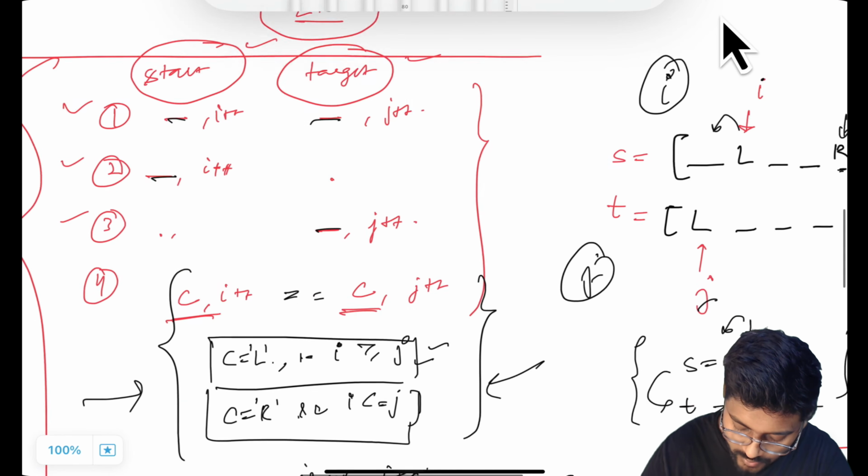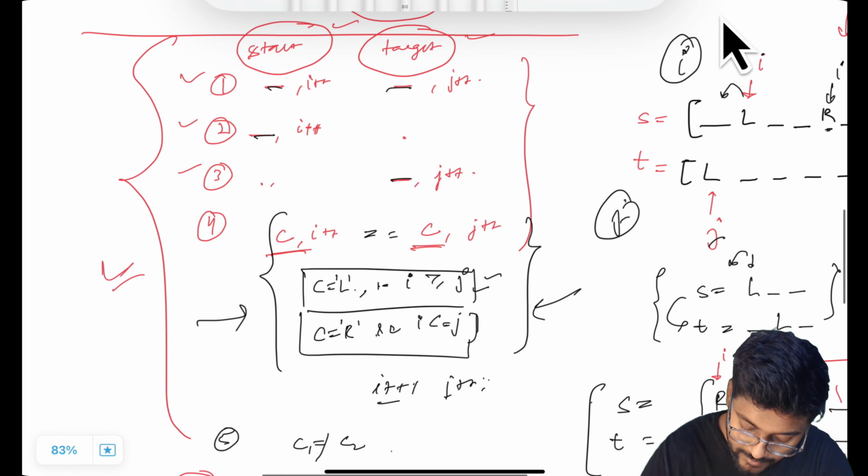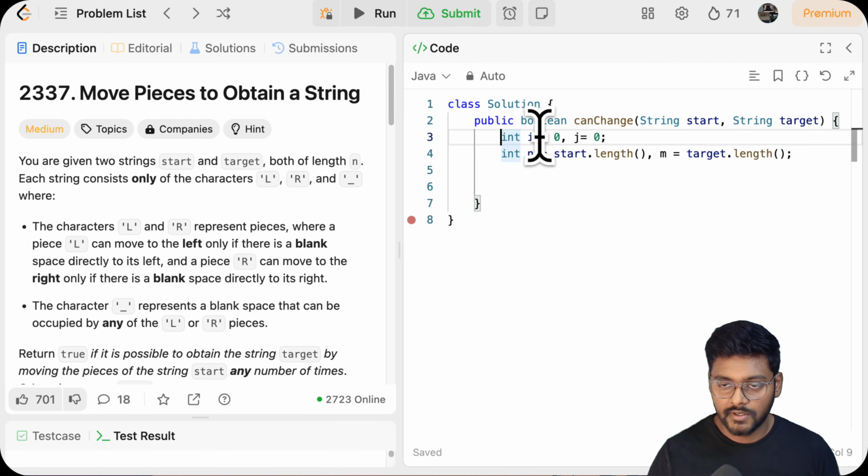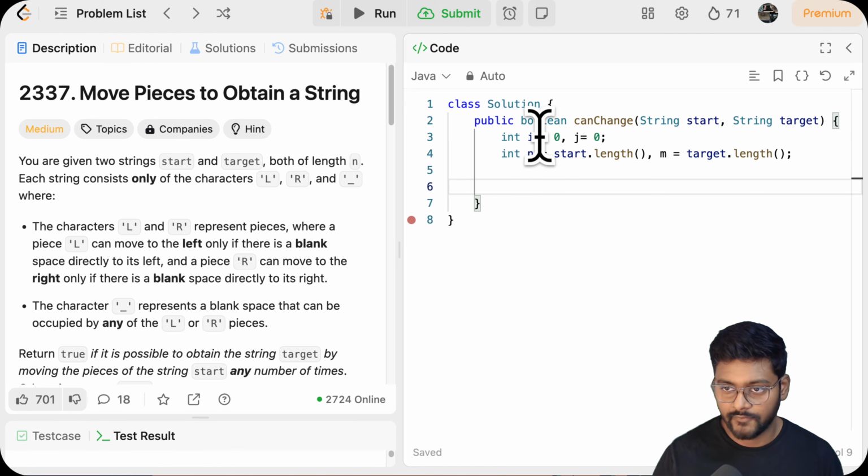Now we'll quickly code this approach and I will be doing the same implementation. First of all, I will take 2 pointers I and j, and then I will capture the length n for start, m for my target. And while I am having a valid index, I is less than n and j is less than m.